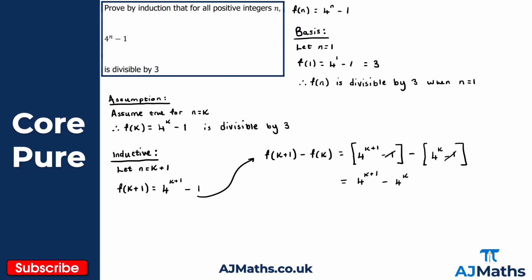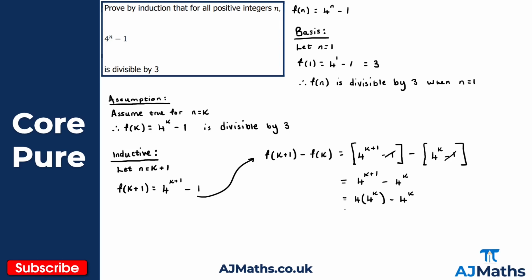So what I need to do now is use the rules of indices here. Okay, because what we're looking to do here is show that this is divisible by 3. So what I notice here then is 4 to the power of k plus 1, using the rules of indices, we can write this as a product. So this would be 4 lots of 4 to the k, and then we minus 4 to the k here, like so.